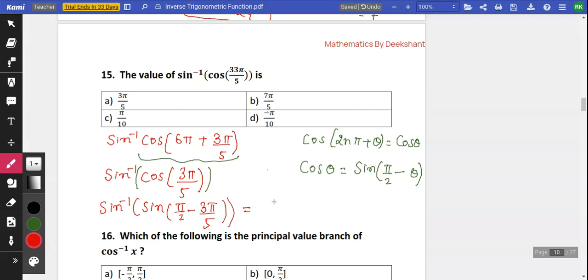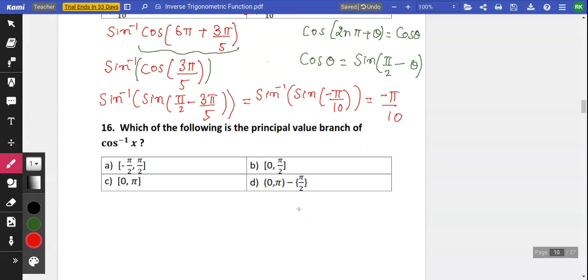It becomes sine inverse sine of minus pi by 10. Minus pi by 10 is lying between minus pi by 2 to pi by 2. So it becomes minus pi by 10. Therefore correct answer is option D.